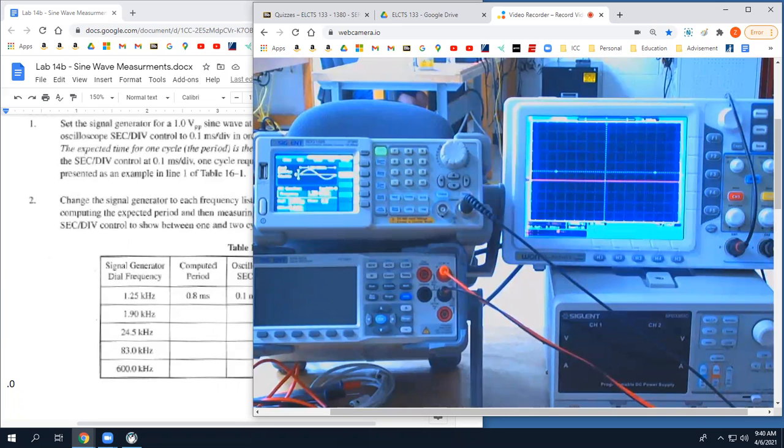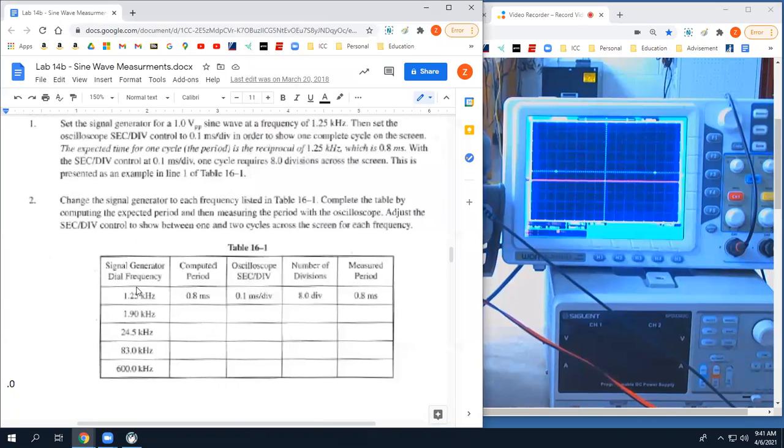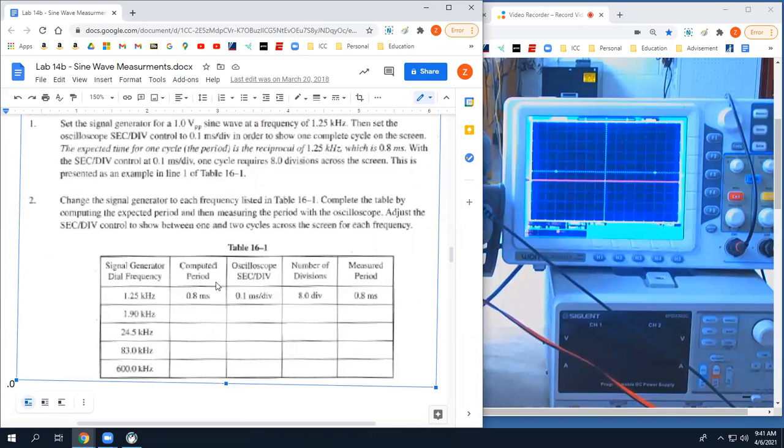With the seconds per division control at 0.1 milliseconds per division, one cycle requires 8 divisions across the screen. This is presented as an example in line 1 of table 16-1. So down here on this table, we compute the period, 0.8 milliseconds, 0.1 milliseconds per division, number of divisions needed, measured period.